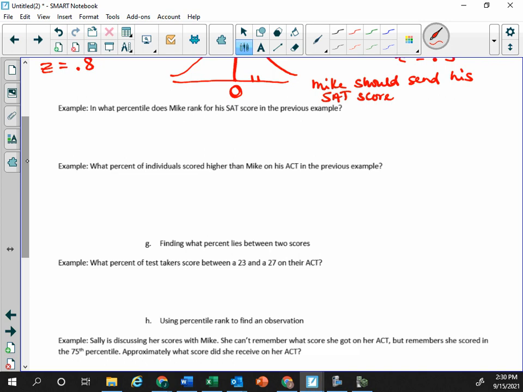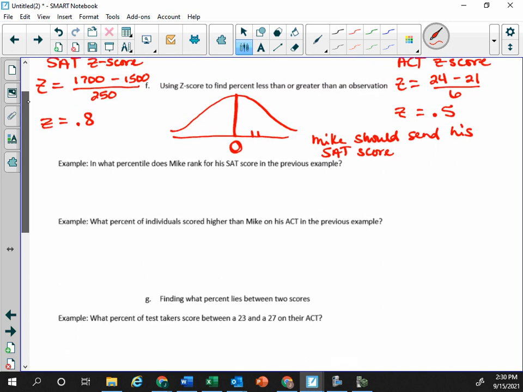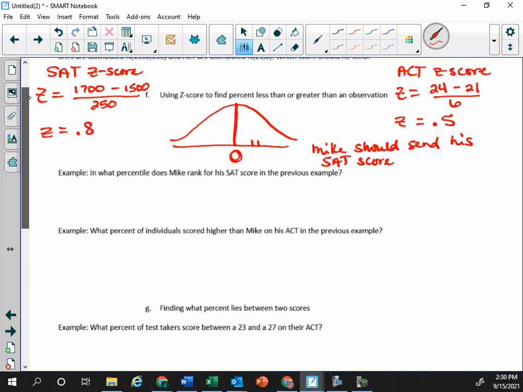We're now trying to figure out percentile ranks for Mike here. The first one says, what percentile does Mike rank for his SAT score in the previous example? There's a couple ways you can go about doing this. We're doing both of them on our calculator. But you can do it based off his standardized score, which we found his z-score, or you could just use his original SAT score. So I'm going to show you how to do that both ways.